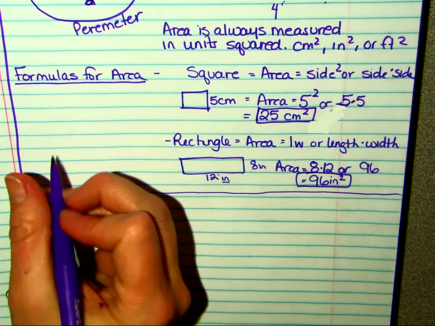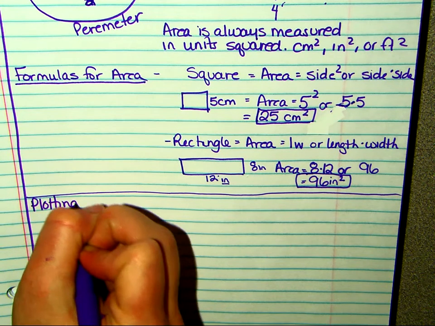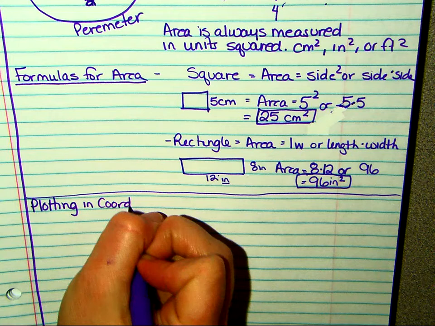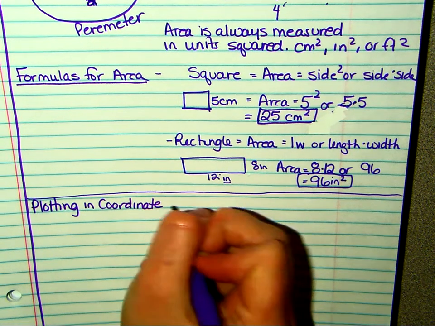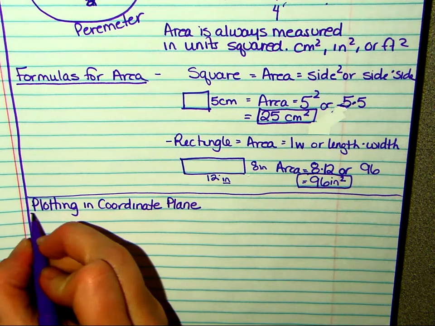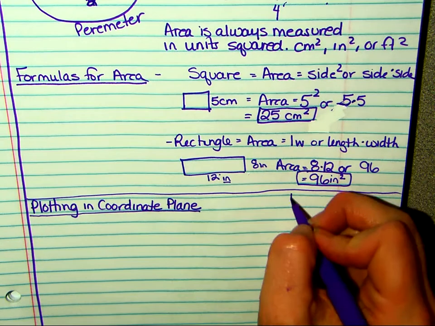And the last thing that we want to remember when we're talking about reviewing geometry from years before is plotting in the coordinate plane or grid. Now, hopefully in the past you have worked with an X and Y axis.